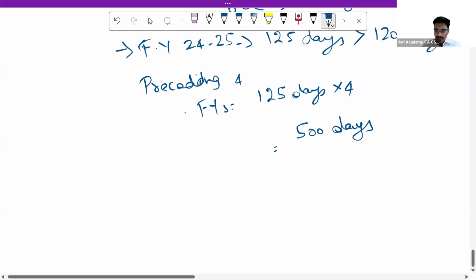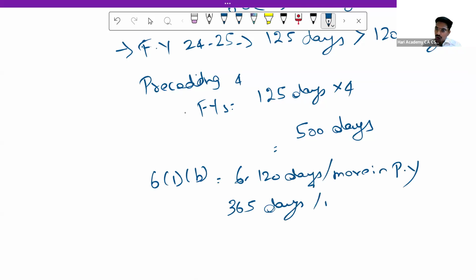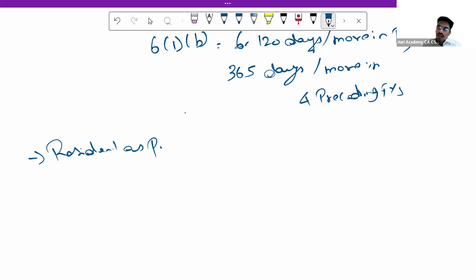So he is satisfying 6.1b: 120 days or more in the previous year, and 365 days or more in the 4 preceding financial years. Hence, he is a resident as per 6.1b.